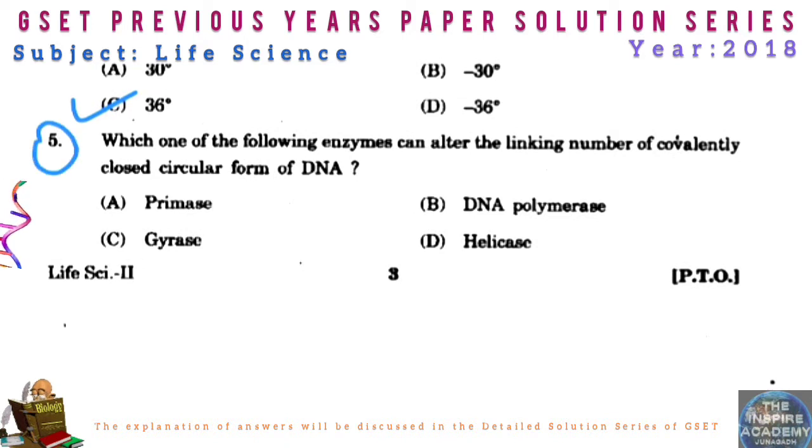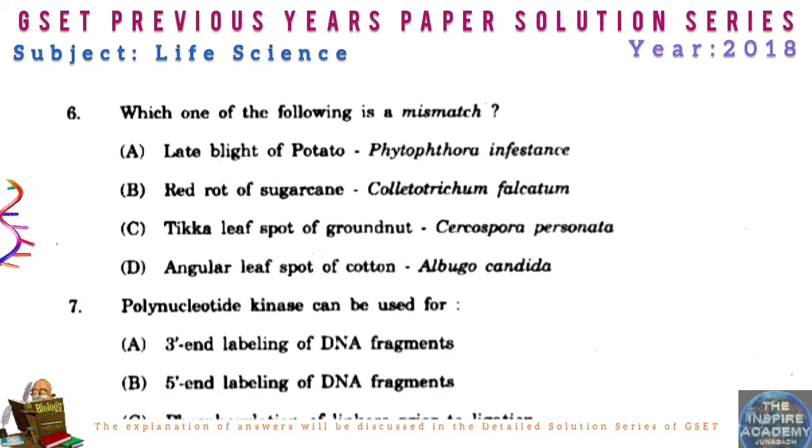Question number 5. Which one of the following enzymes can alter the linking number of covalently closed circular form of DNA? Correct answer is gyrase. Question number 6.